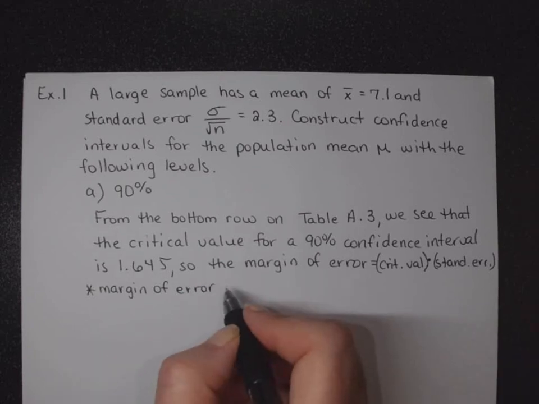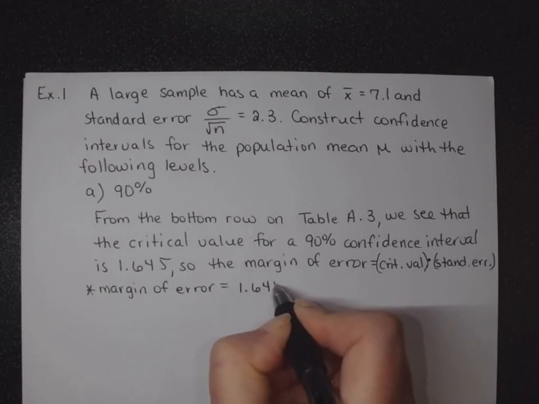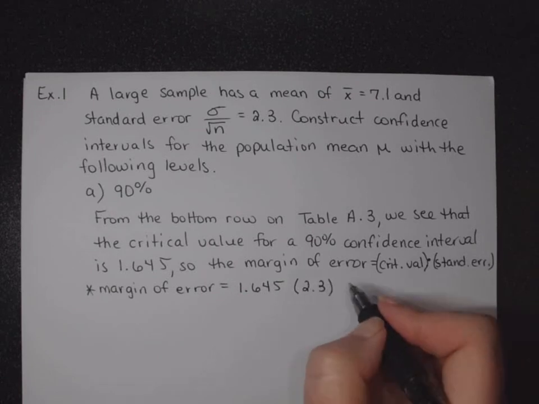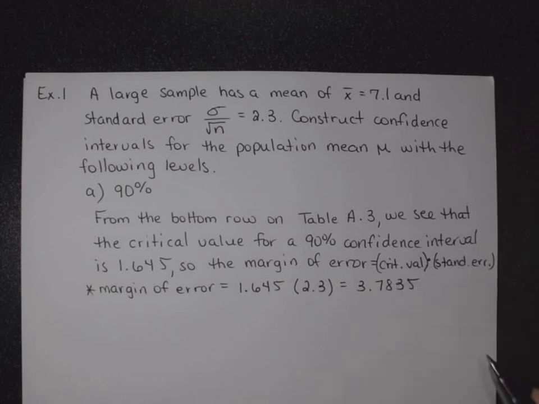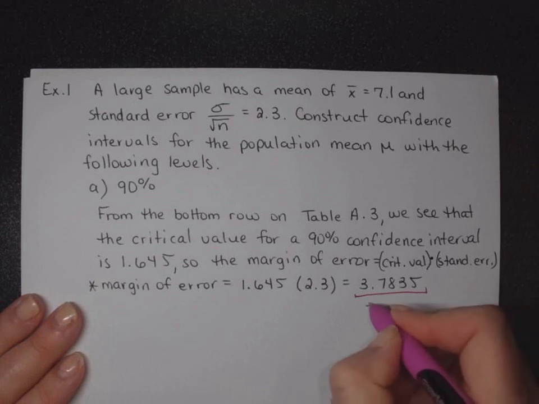So the margin of error is going to be our critical value times our standard error that I gave you above. Okay, and if you multiply those out, you get 3.7835. Okay, so remember what this means is this is my error one way or the other.